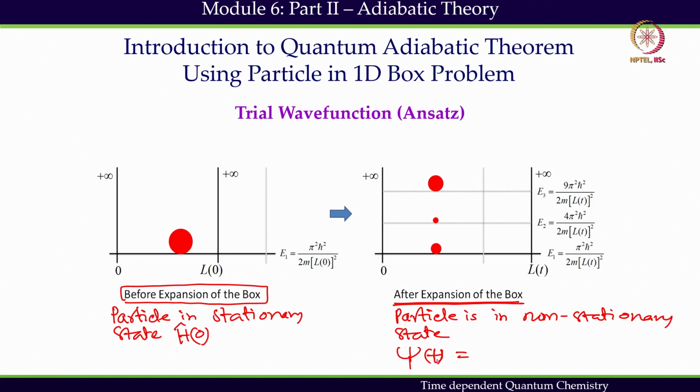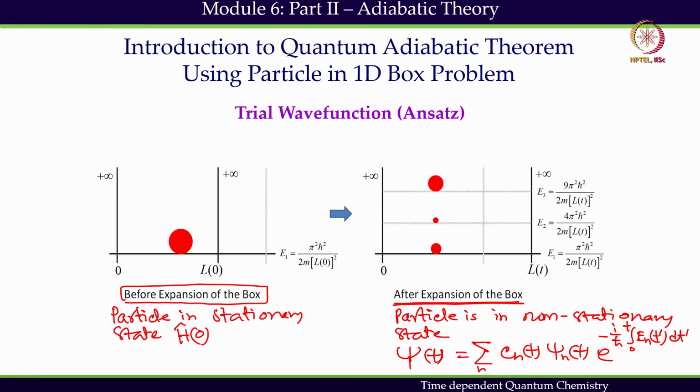I have to express it this way, and following Schrodinger's approach that non-stationary state can be expressed as a linear combination of c_n(t) psi_n(t) e to the power minus i by h cut times the total accumulated phase up to time t, integral of E_n(t') dt'.